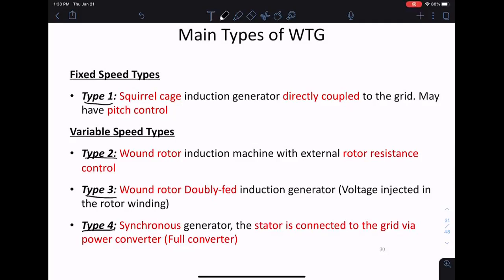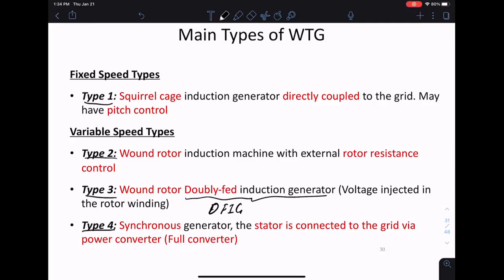Type 3 is quite commonly used in practice. This is called a doubly fed induction generator, or you see this as DFIG. This is quite common, and there are a lot of existing turbines. That's type 3, or DFIG.